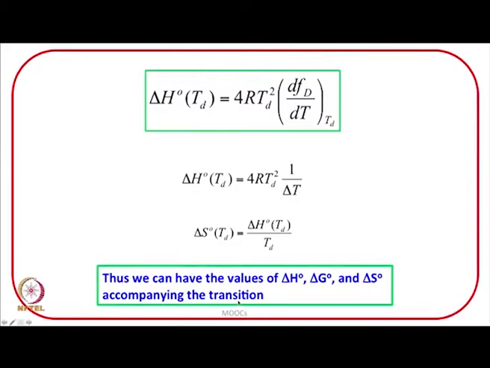And as I discussed, we can use UV-visible spectroscopy, fluorescence spectroscopy, circular dichroism spectroscopy, or any other technique where the observable is changing with temperature. We can get the thermodynamic parameters associated with the transition of the protein from native state to denatured state. For example, let us take a look at the slide.